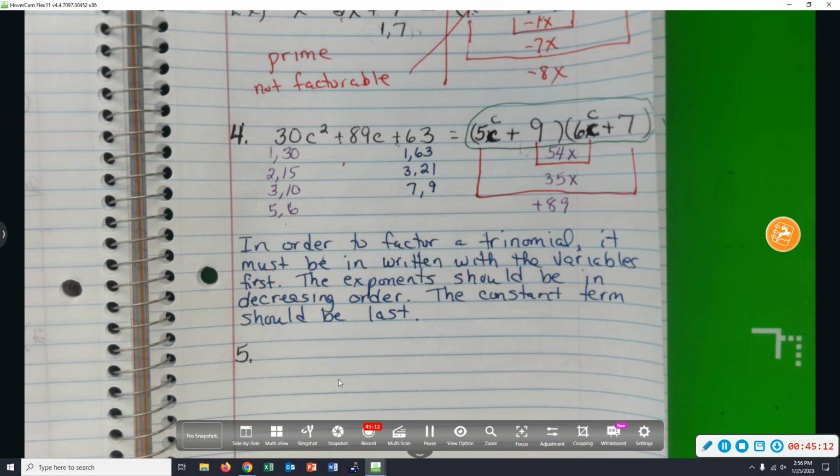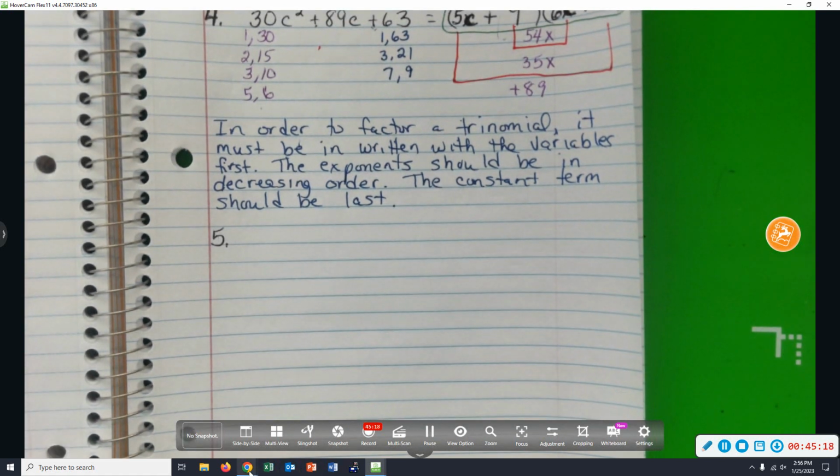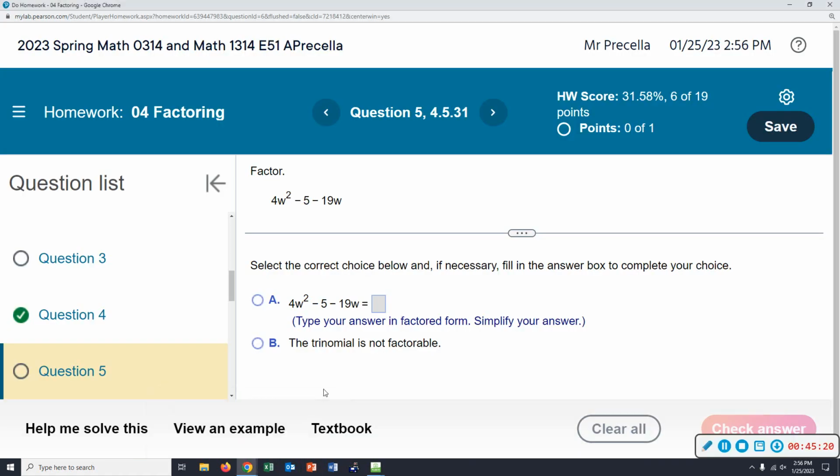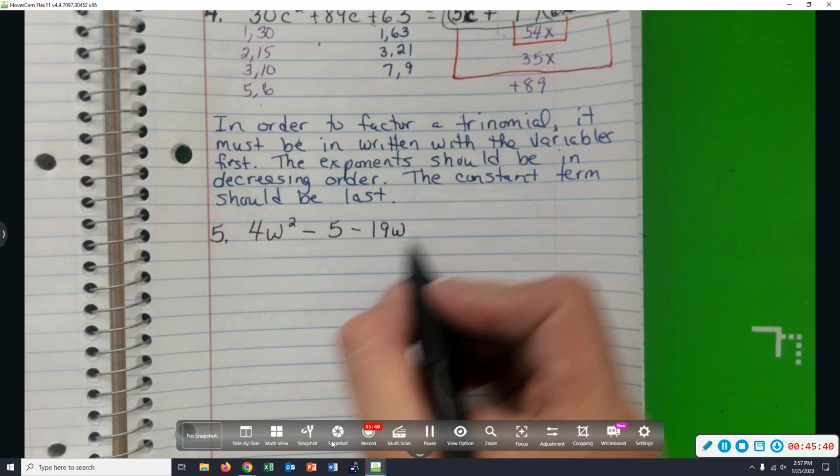Are we ready to try number 5? That's 4w squared minus 5. See, the w term should be next, and that minus 5 should be the last thing. So on this one, before you can factor it, you've got to rewrite it.